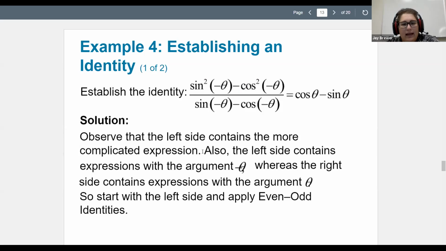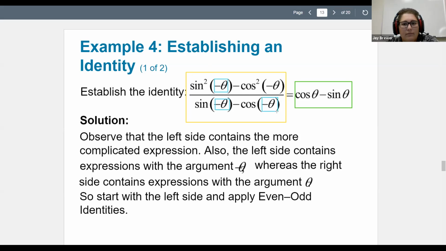If you look at the left, do you agree that that is a more complicated expression? Does this look a little bit more complicated than this? Right? Yes. Okay. You also need to realize that the left side has negative thetas.